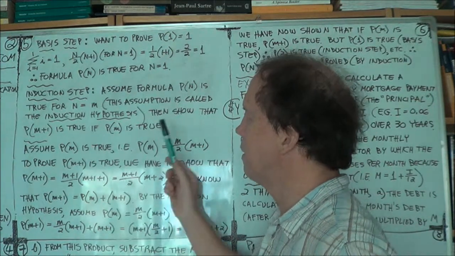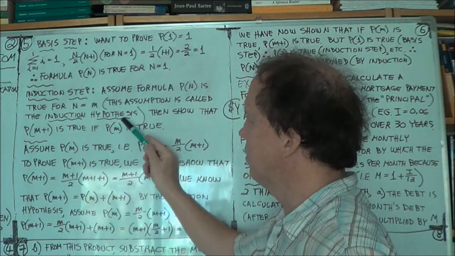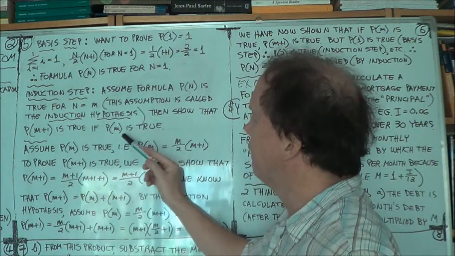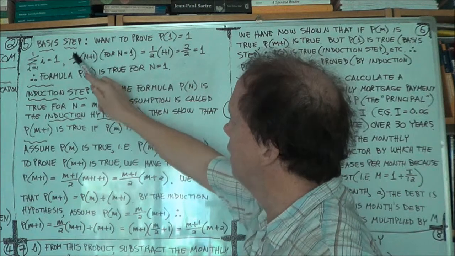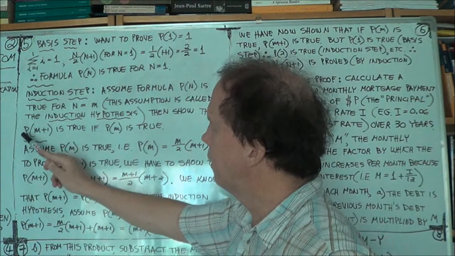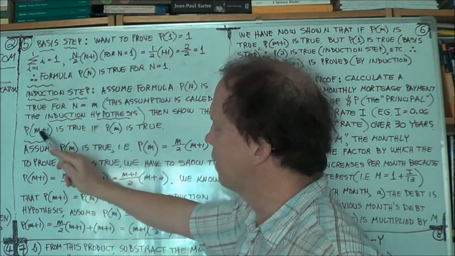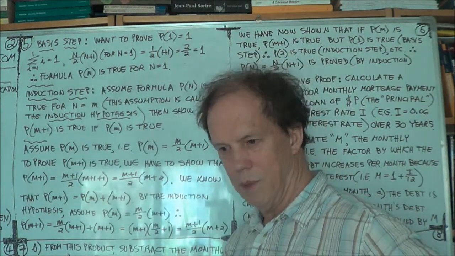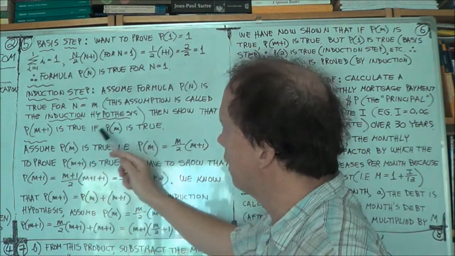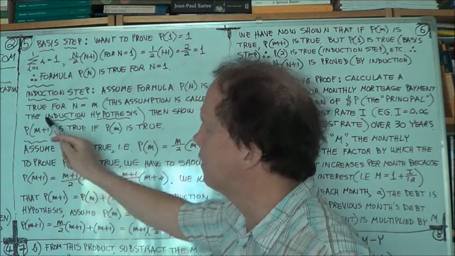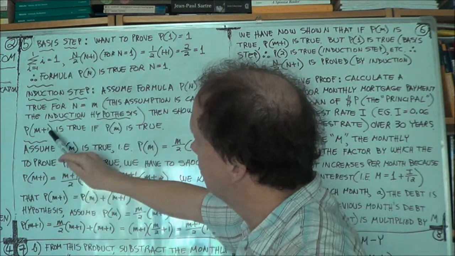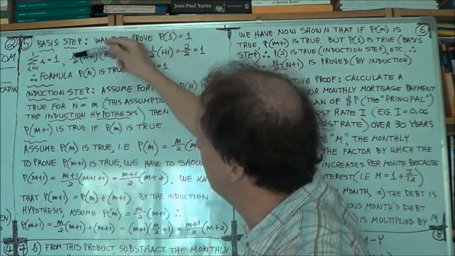So if the formula when n is m is true, then the formula when n is m plus 1 will be true. And true means in this case you put in m plus 1 for n here.